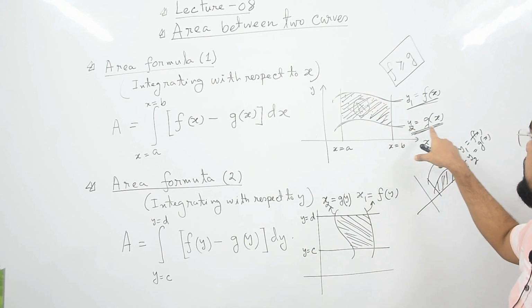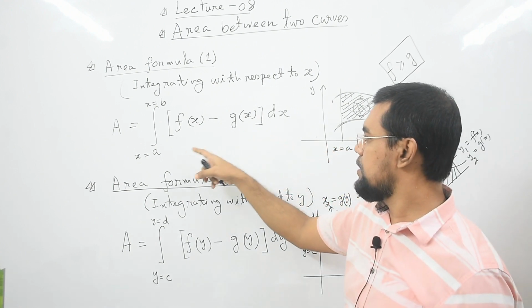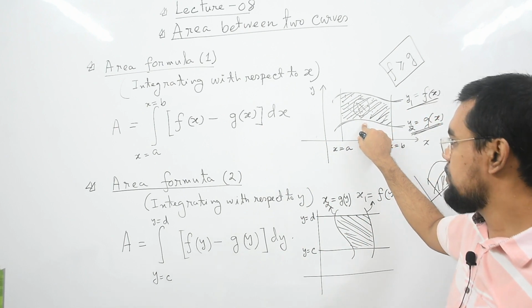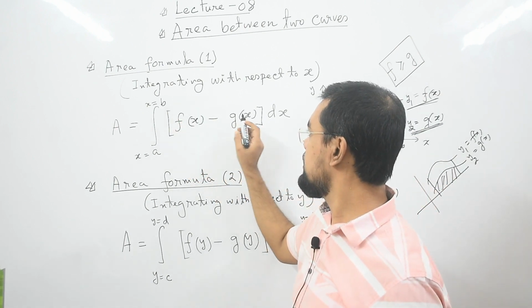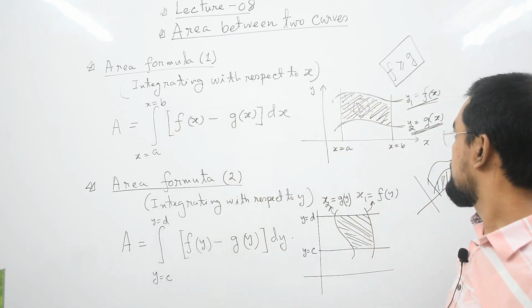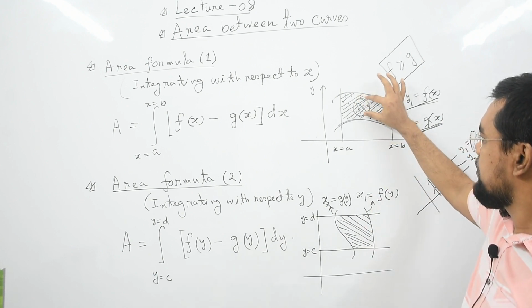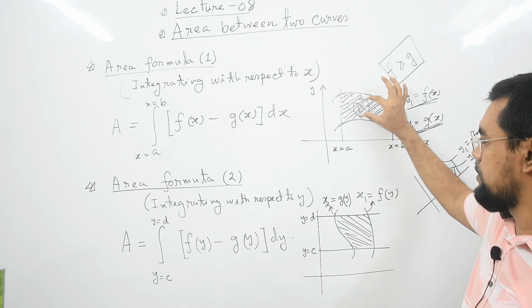So that's the reason you need to subtract g(x). So the area of this white region will be integration from a to b g(x) dx. So if you subtract this white region from the whole region, then you will get area of this irregular region.